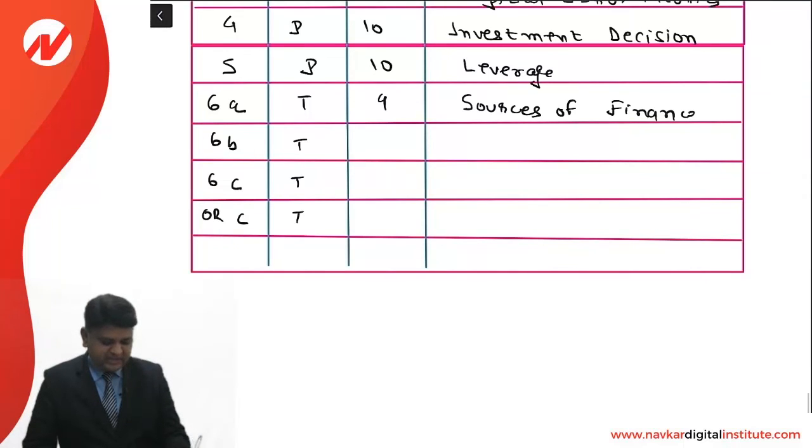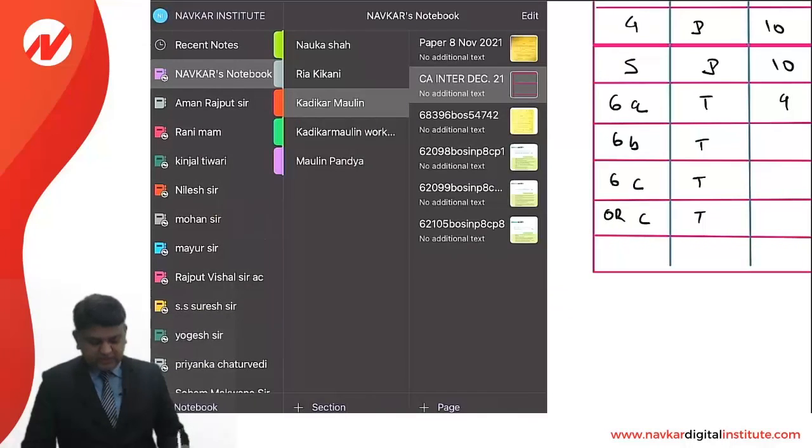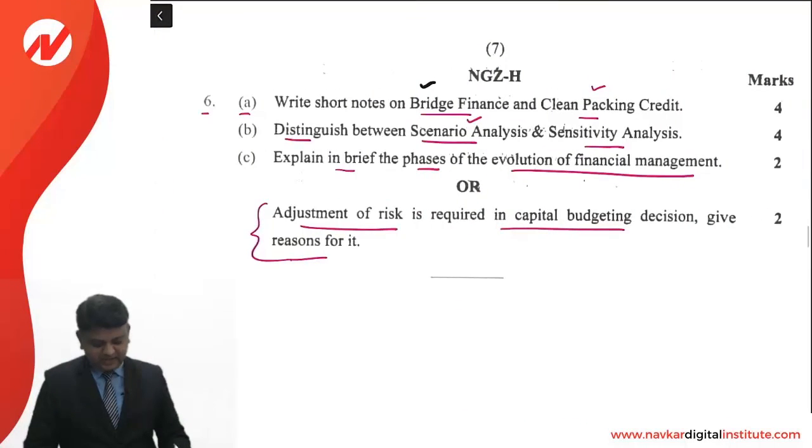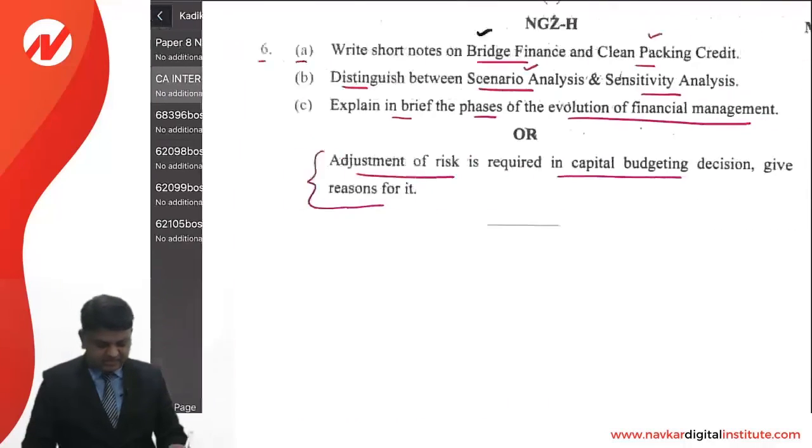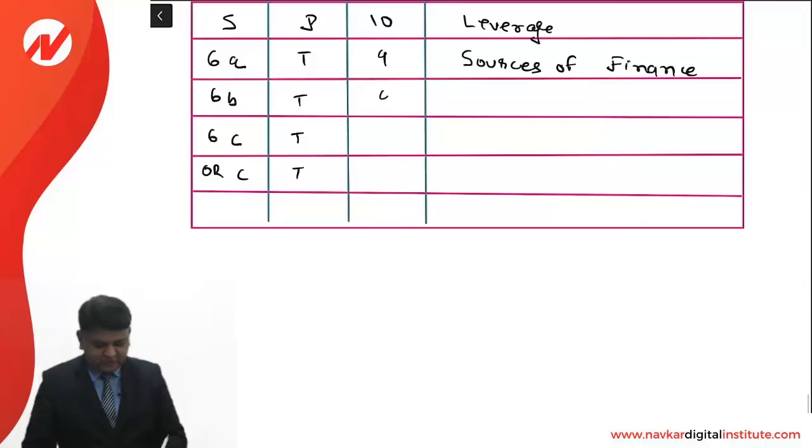Of course, we can say that they would have kept 2 marks for bridge finance and 2 marks for clean packing credit. Distinguish between scenario and sensitivity analysis is 4 marks from the chapter of risk analysis in capital budgeting.